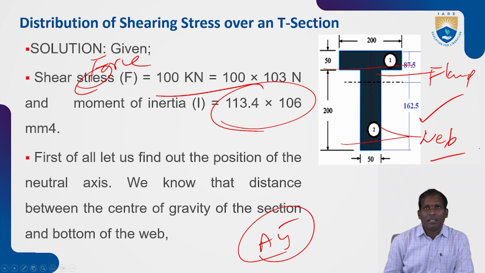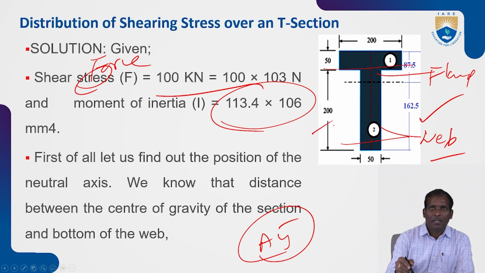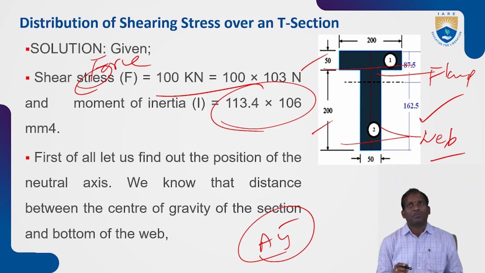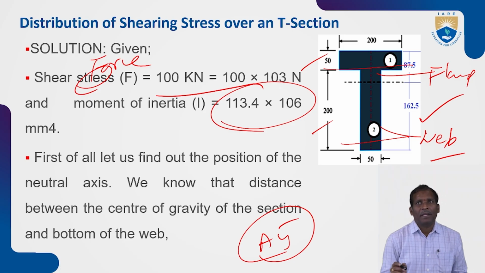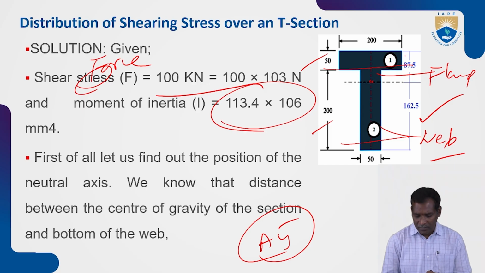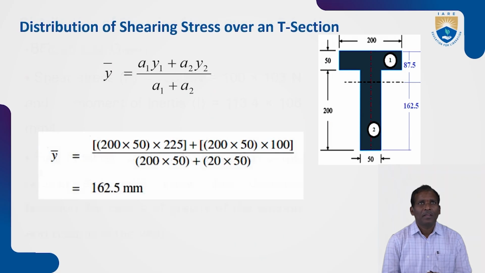The dimensions are given: 200 is the depth of the web portion, the depth of the flange is 50 and the width of the flange is 200. This point is the center of gravity, and the distance between the center of gravity of the section and the bottom of the web is also given, that is 87.5 from here, and minus 50. So we will get the dimension.